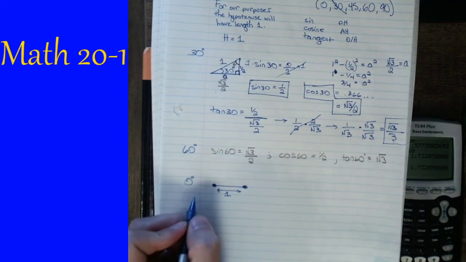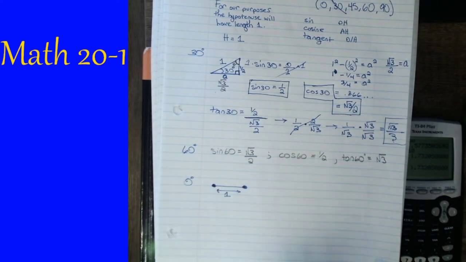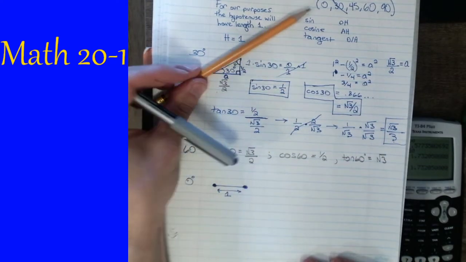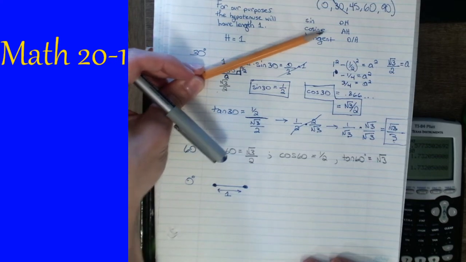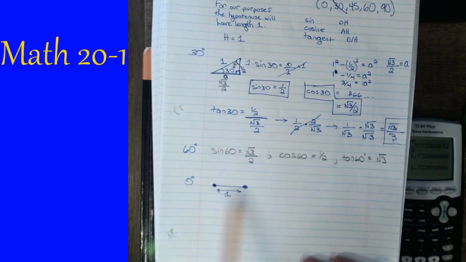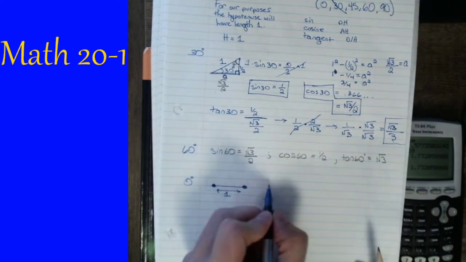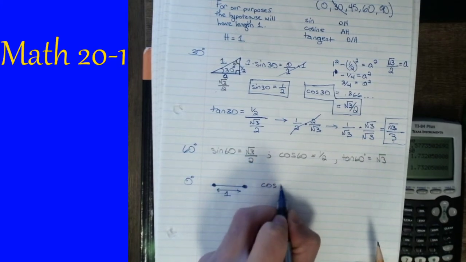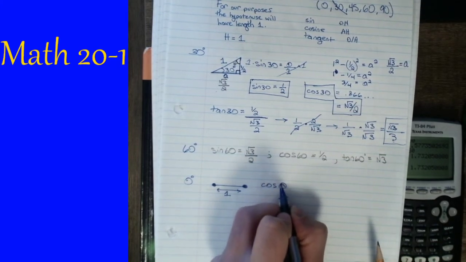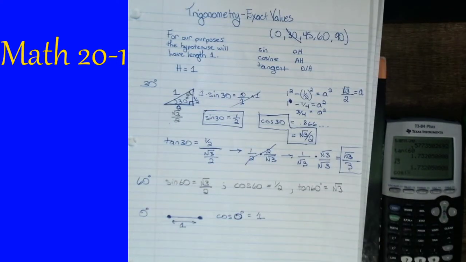This is equal to 1. And if we were thinking of a triangle like this that slowly decreased in angle, the thing that this looks a lot like is the adjacent. And adjacent has to do with cosine. So it goes to show that our cosine of 0 degrees should be equal to 1. And our calculator will also confirm that.